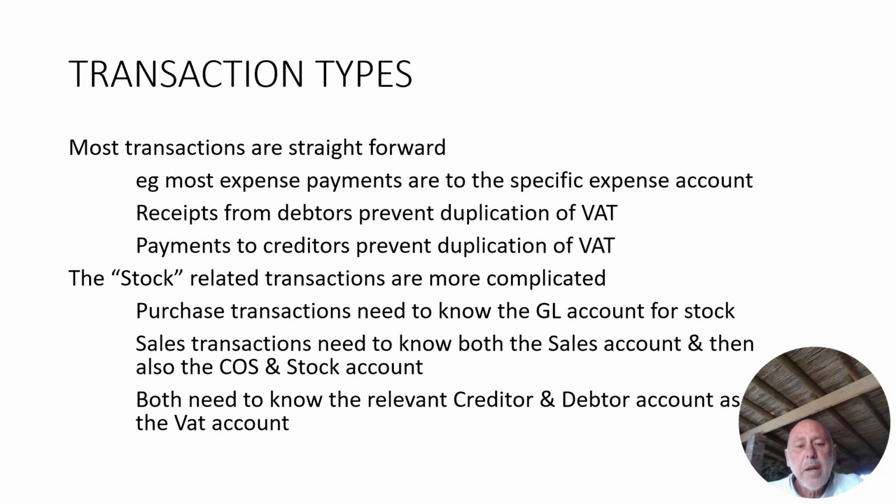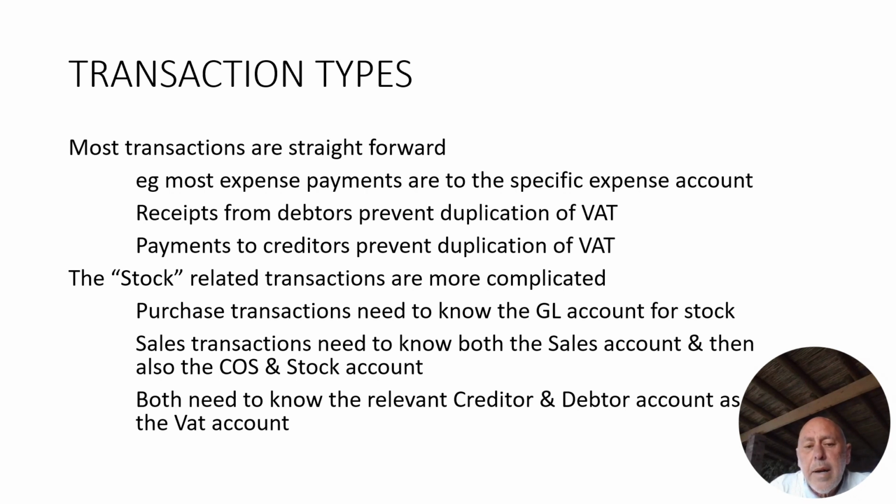And so what I'm saying on this slide is most of your transactions that you do on a daily basis, like let's just say that you're paying expense accounts like rent or whatever it is from your cash book in your computerized system. You've just got, is it a payment? Is it a receipt? side of your cash book open. If it's payments, we're paying rent. You just look up the rent account, put through the amount of money. It's easy, and it goes through with the VAT.